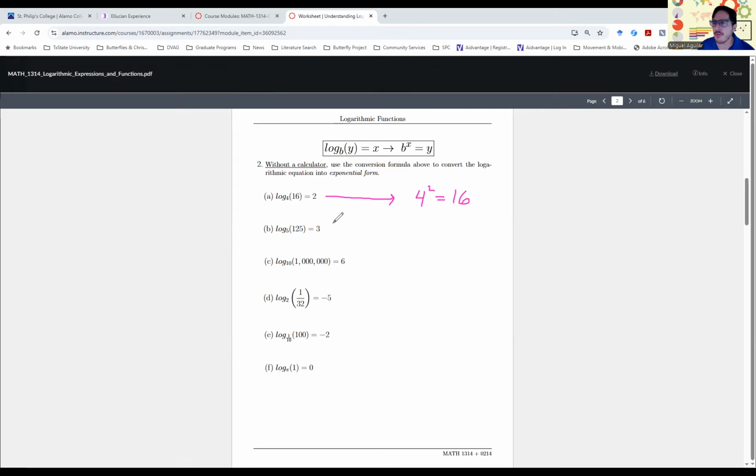With slightly bigger numbers it's going to be harder to do that, but you can also just check those exponentials in the calculator. So the next one's going to be what? 5 to the third power equals 125. That's exactly right. Any questions, comments there?